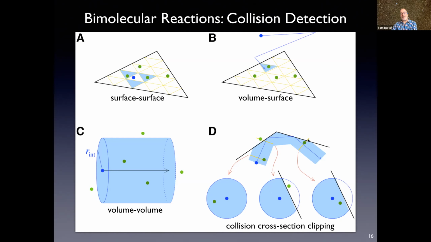But what happens when a particle is on the right side of the surface, but is close enough to the surface so that this collision cross section is truncated like this? What we need to do is account for the fact that the collision cross section for that particle is not as big as it should be.